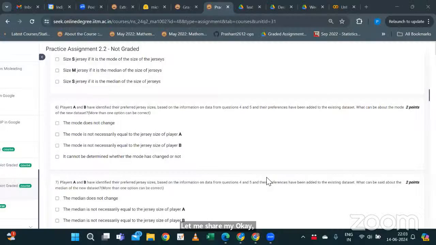Okay, 4 and 5 are clear, right? Yeah, 4 and 5 are clear for me. Okay. Let me share my screen. Are you okay with a Google Sheet or Excel sheet? Yeah, that's fine for me.